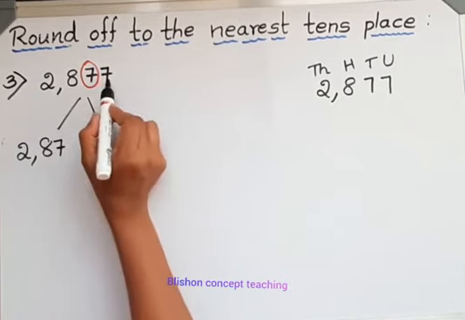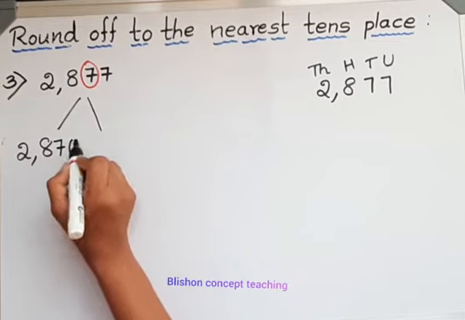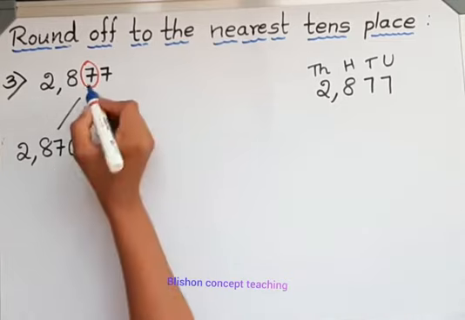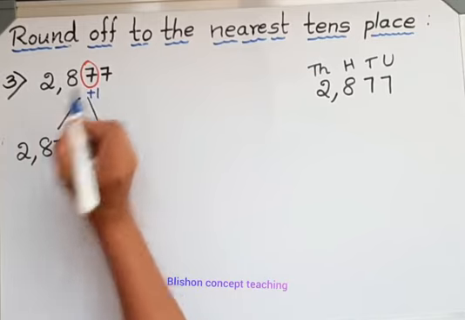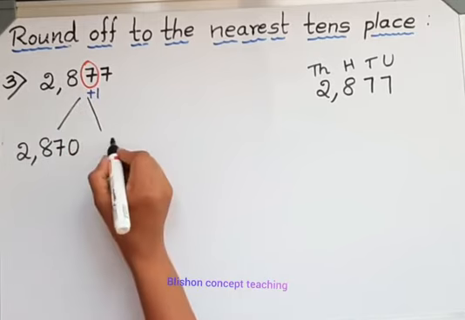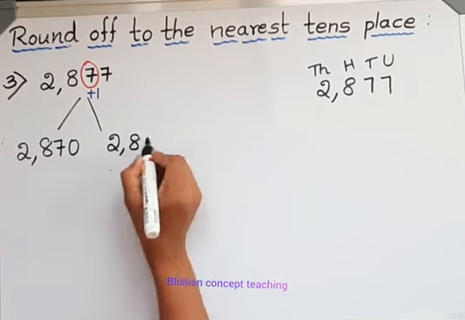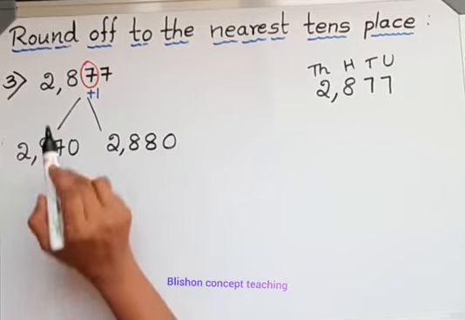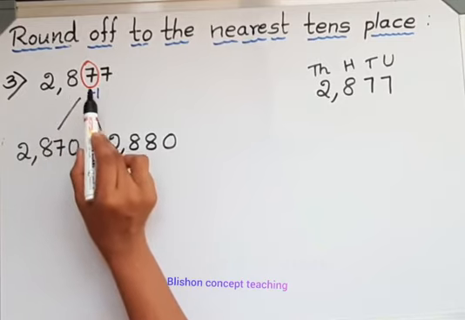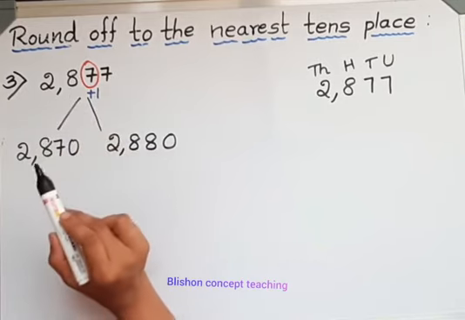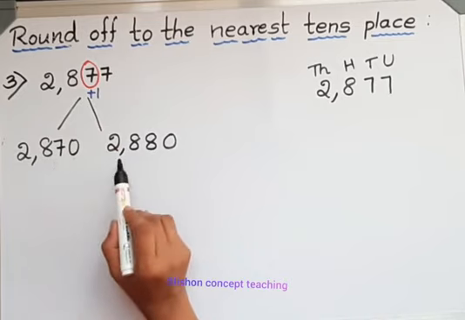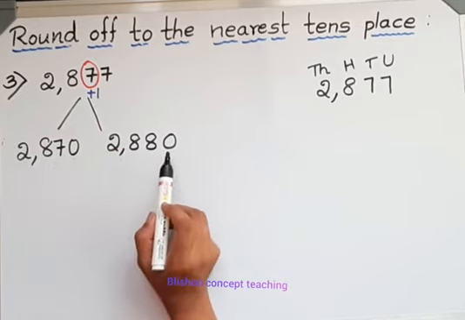After this 7 there is only one digit, I will write 0. So next step is we have to add plus 1 in the tens place. That is 2880. It means 2877 lies between 2870 and 2880.